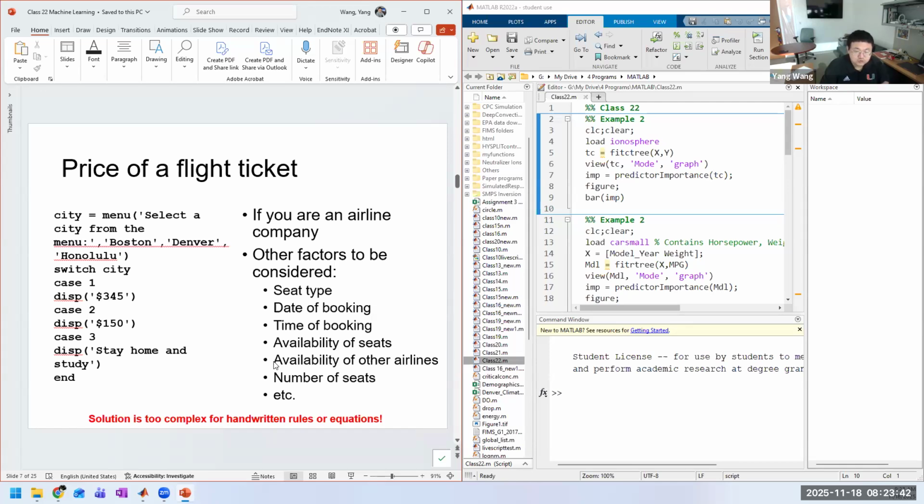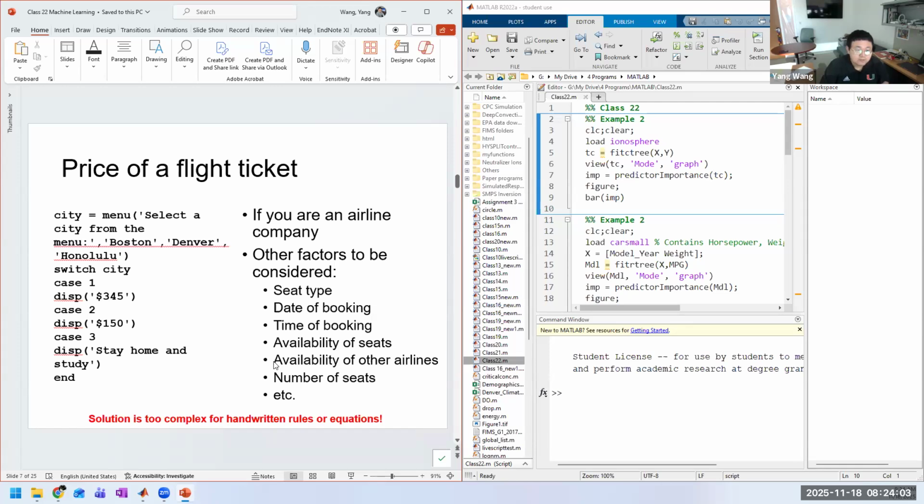Availability of the seats is for sure related to the date of the booking, right? So if it's during the Thanksgiving holiday, then definitely there's low availability of seats and the price can be higher. And also availability of other airlines, basically competitors.